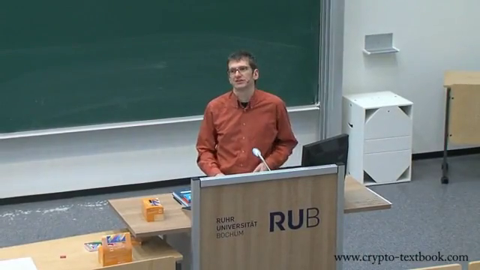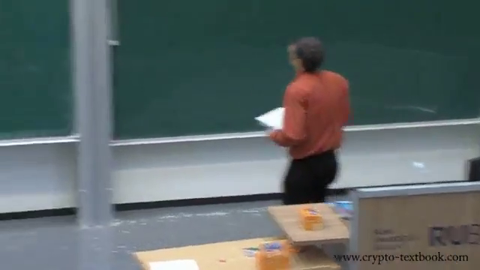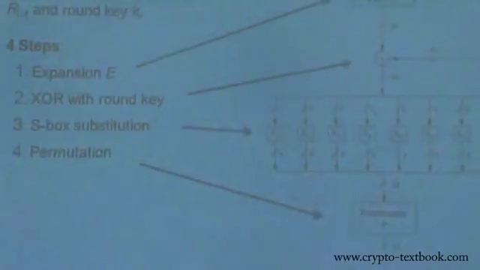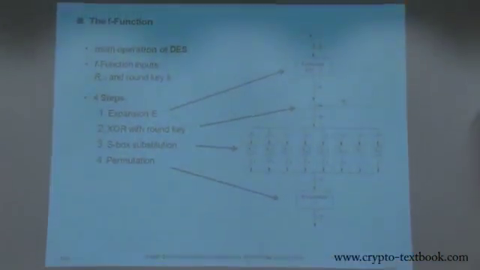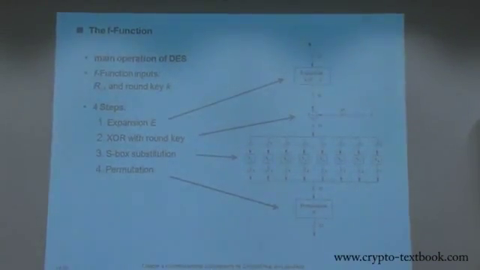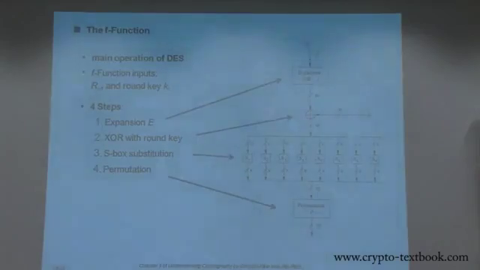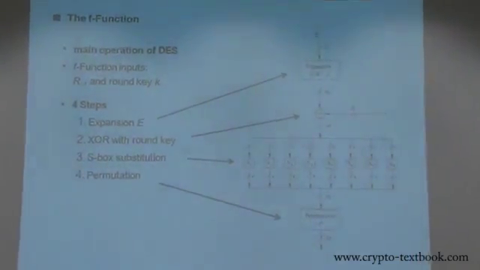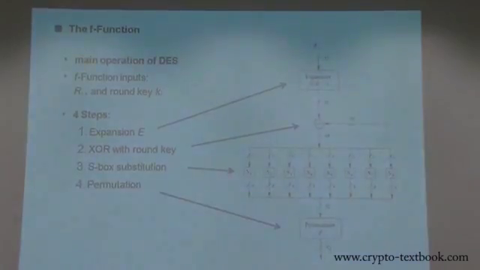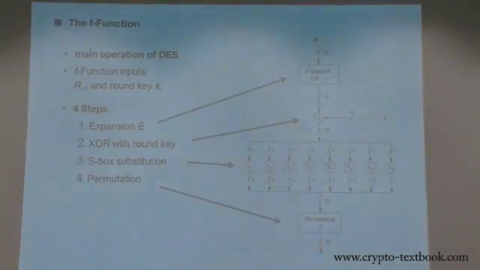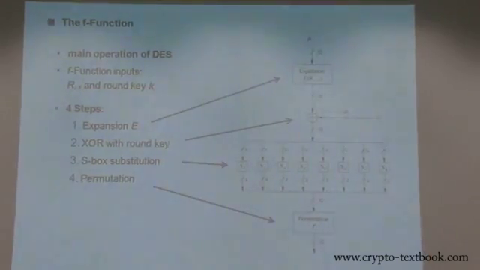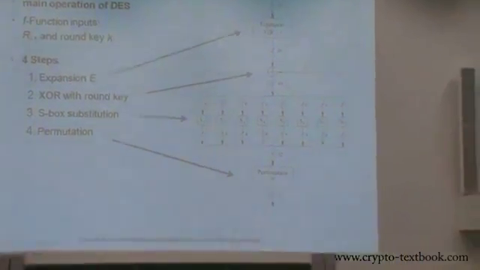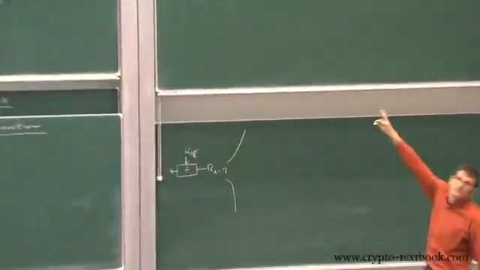So this is the f function. I do want to copy that here on the blackboard. I think it's helpful. So this f function, and what are the inputs that we're using? If we blow that up, what's inside is what you see up there on the slide.